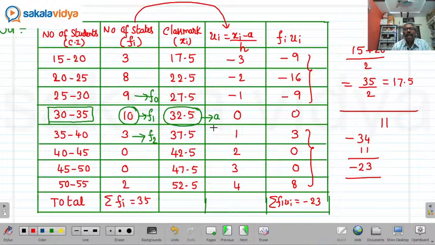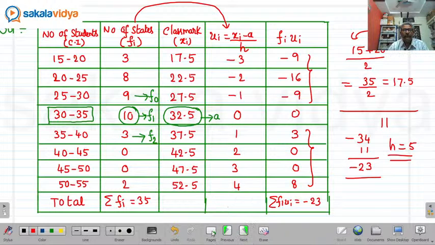Okay, now we have the A value, assumed mean 32.5, sigma fi ui value, sigma fi value, and h value. What will be the h? H will be the difference of these two, that will be 5. So we can find out the mean of this distribution.